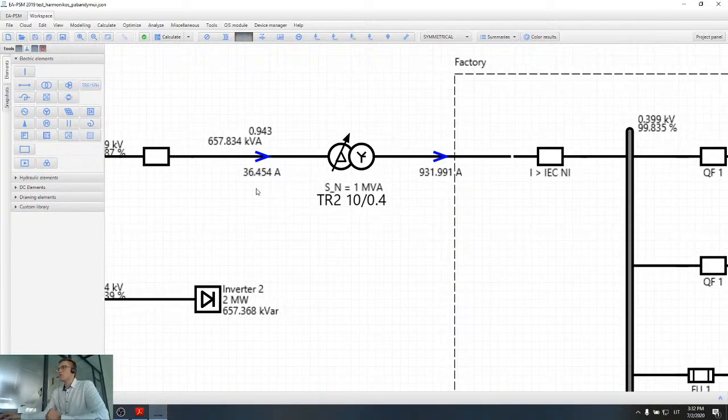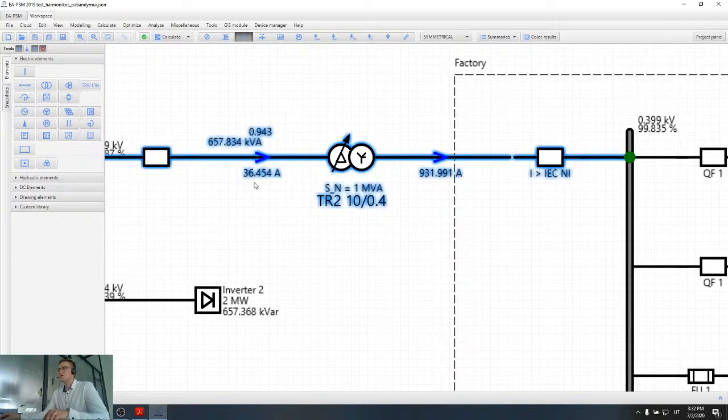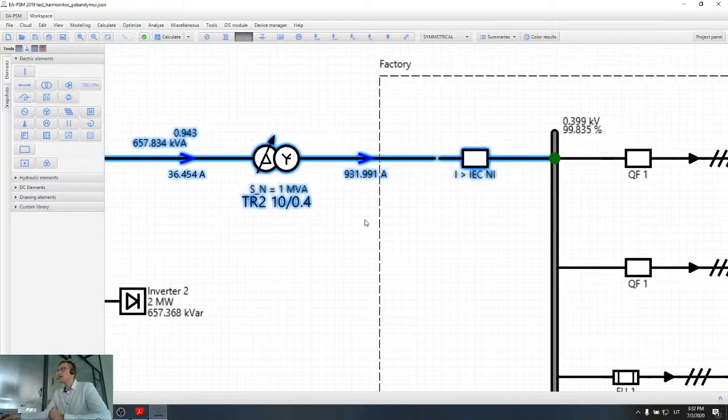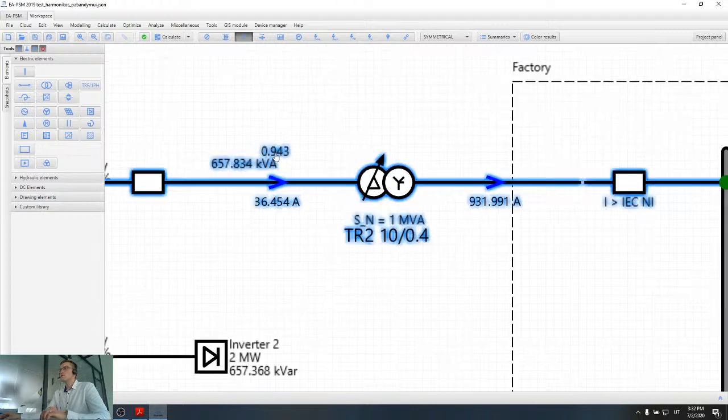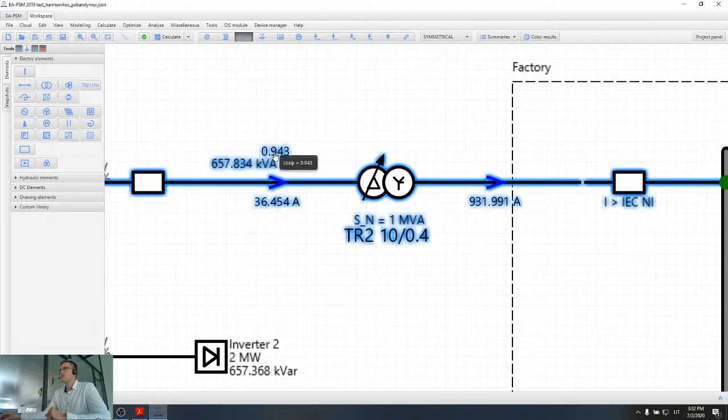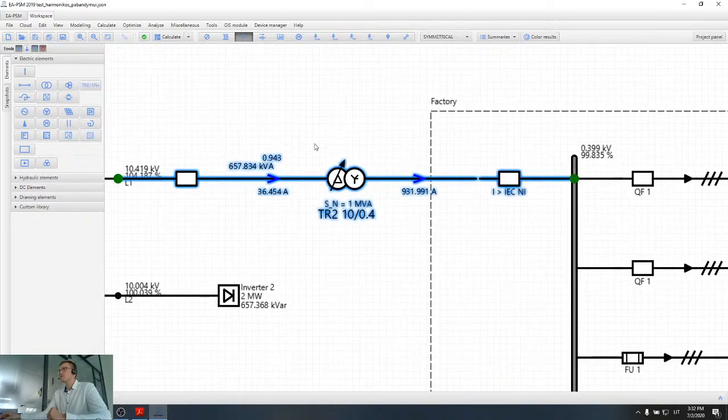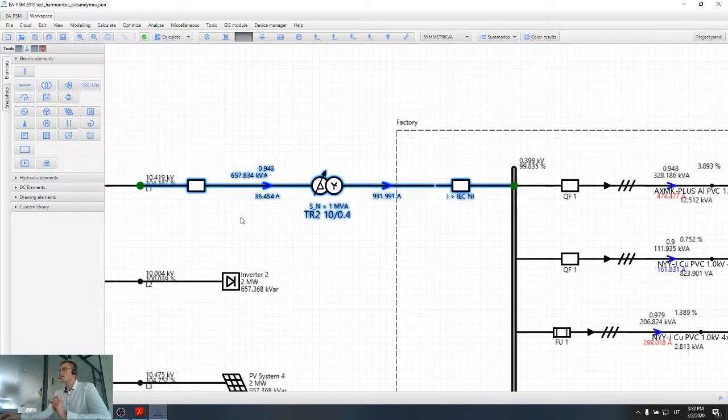So I can see that without the capacitor banks, the 50 Hz current is 36.5 amps in the high voltage side, in the medium voltage side in this case, and 932 amps in the low voltage side. Power factor is 0.94 and the power flow is 657 kilovolt amps. So here are the calculation results of 50 Hz current.